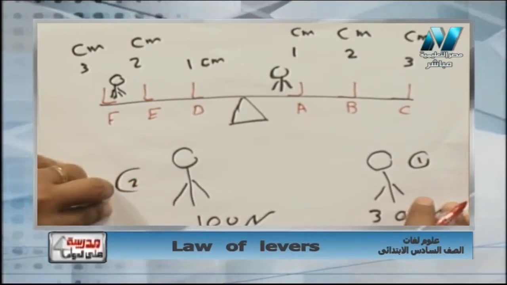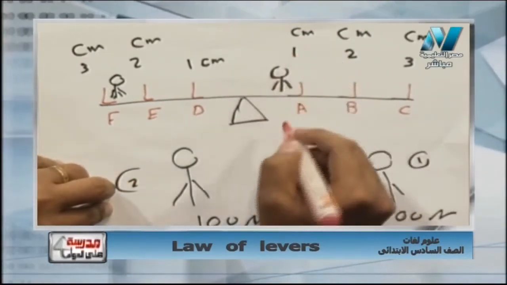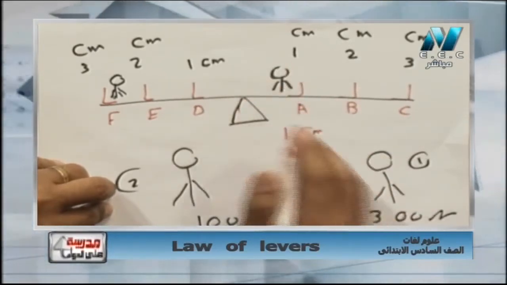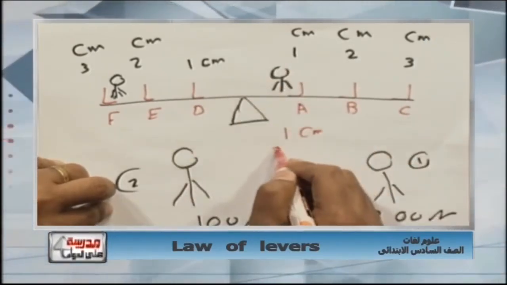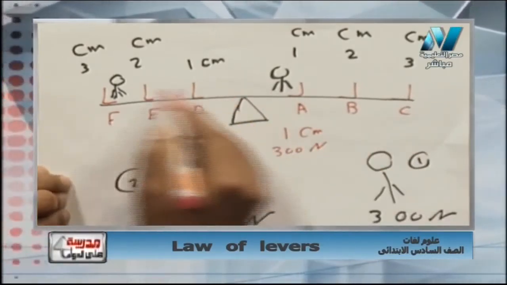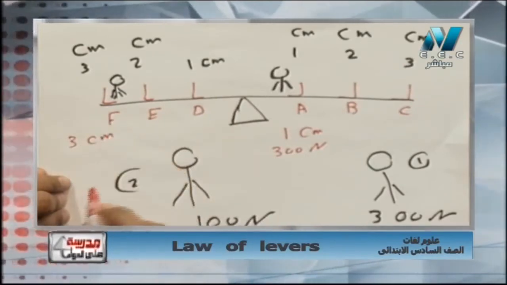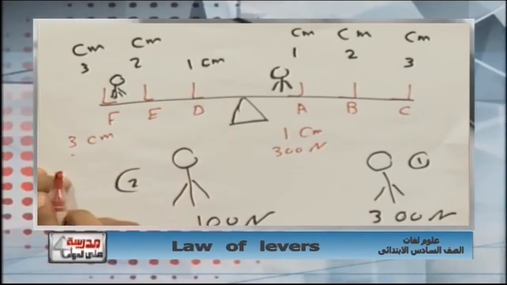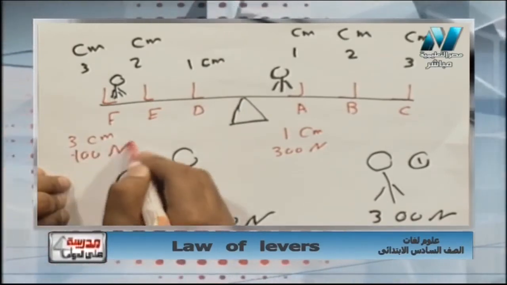Now it will be balanced. Why? As you see, my dear student, the distance here is 1 centimeter, and the force on the right side is 300 Newton. On the left side, the distance is 3 centimeters, while the force is 100 Newton.